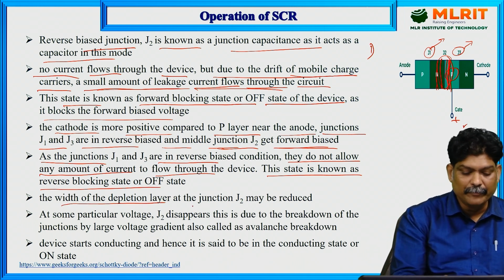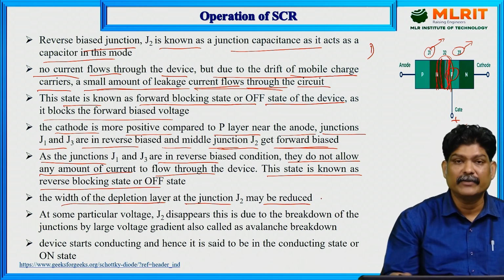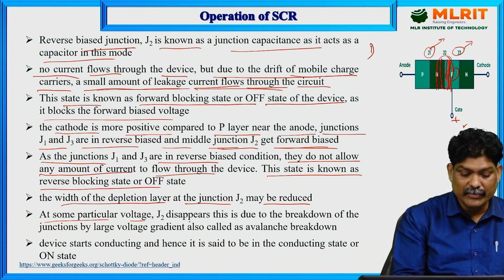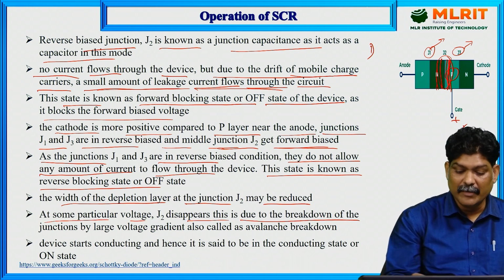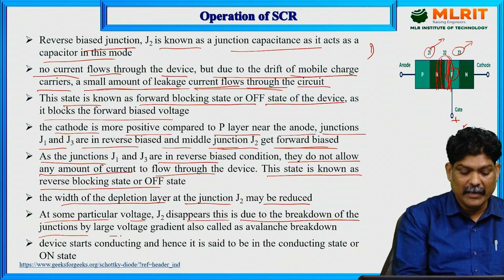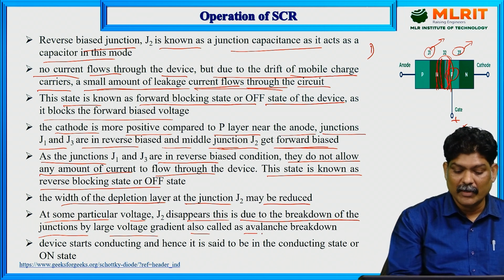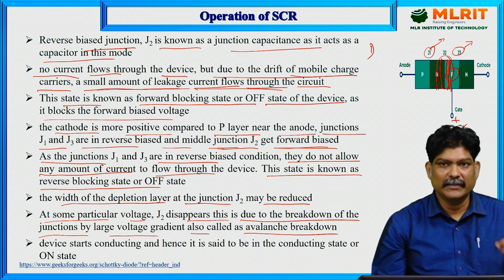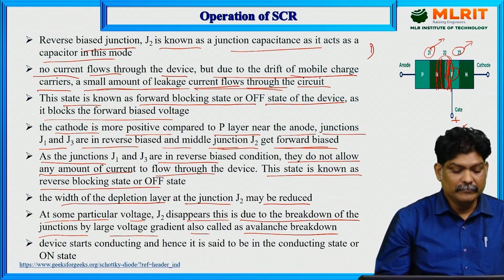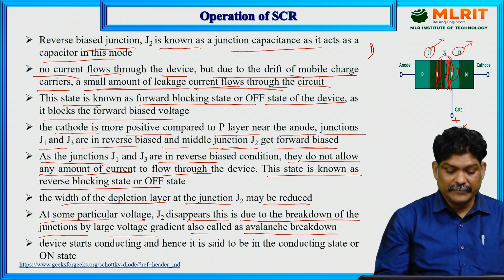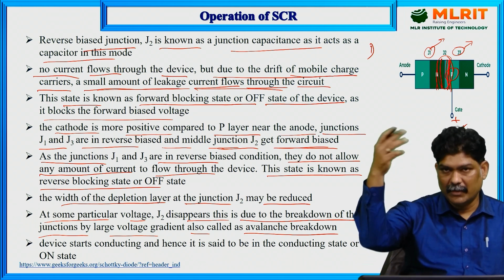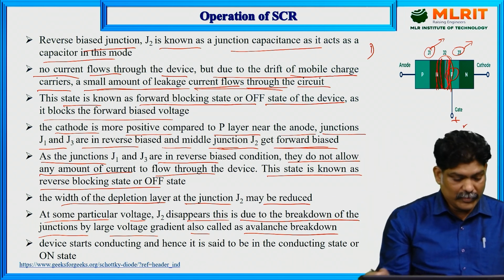The width of the depletion layer at junction J2 may be reduced. At some particular voltage, J2 disappears. This is due to breakdown of the junction by large voltage gradient, also called avalanche breakdown. Avalanche breakdown takes place in the SCR when some particular voltage is applied on either side, that is gate voltage and anode to cathode.